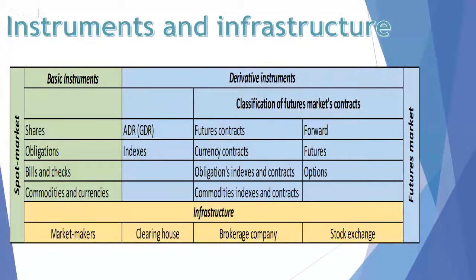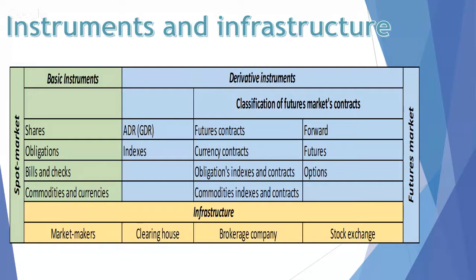Okay, let's look at this picture. Let's begin with a short preview of the main market participants and instruments. We can conditionally divide all instruments into two groups: basic instruments and derivatives. In other words, derivatives are instruments based on basic instruments.